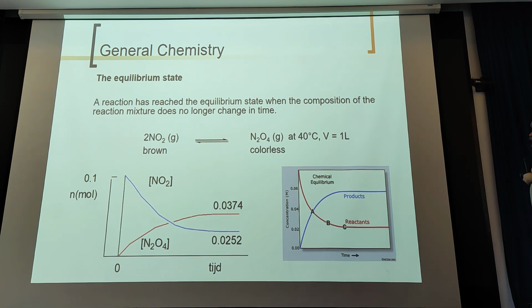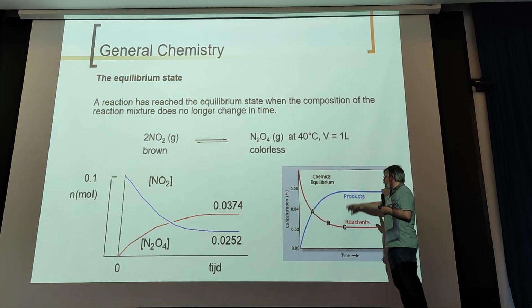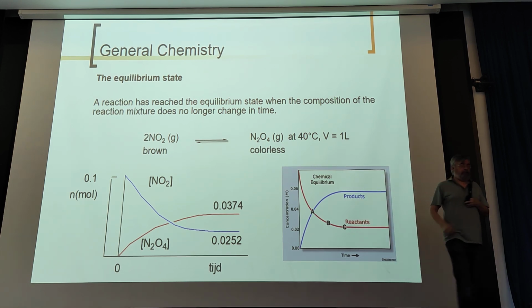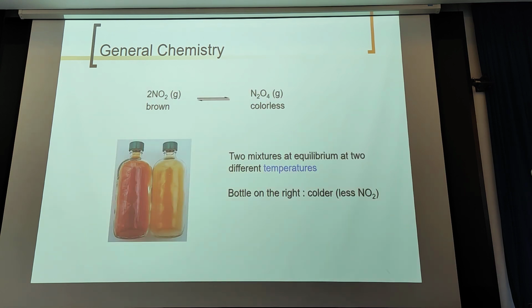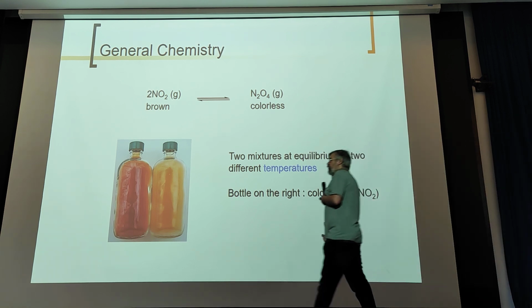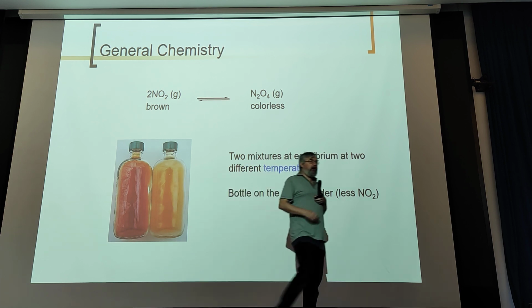So this is another example, I would say, in general. As soon as you have a straight line, more or less at this point C here, we can say that we have chemical equilibrium. And in fact, it's interesting that you can see this. The color of NO2 is brown, and this bottle is also still brown, but a little bit less brown.